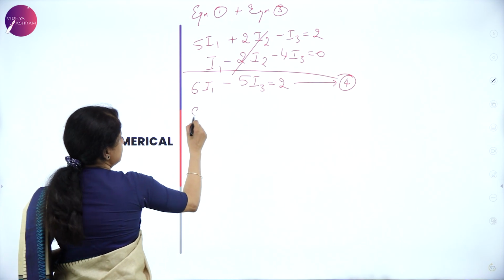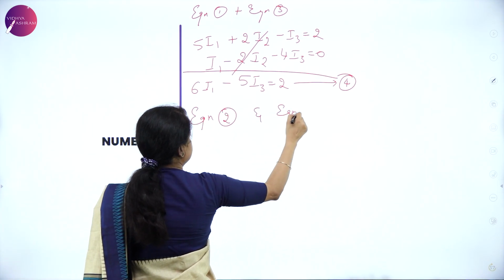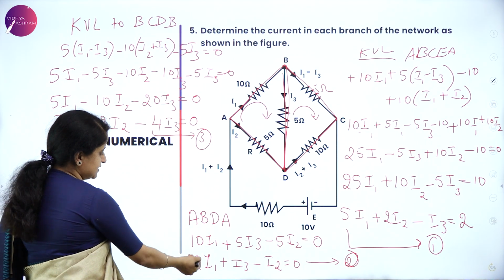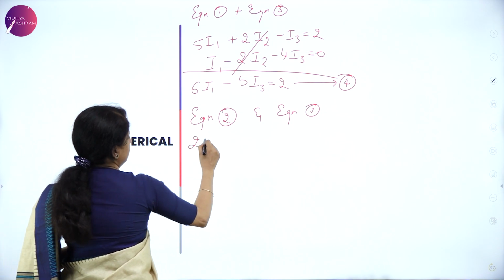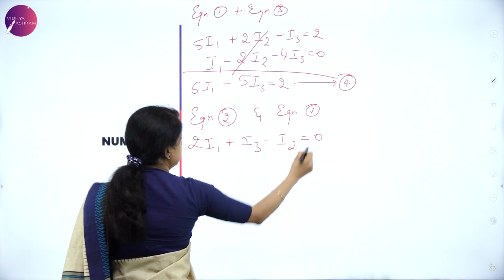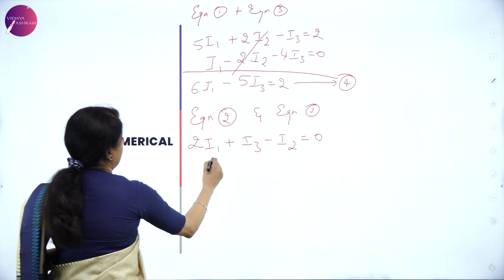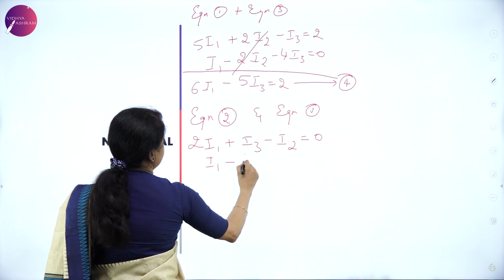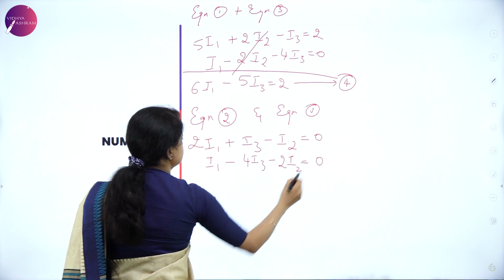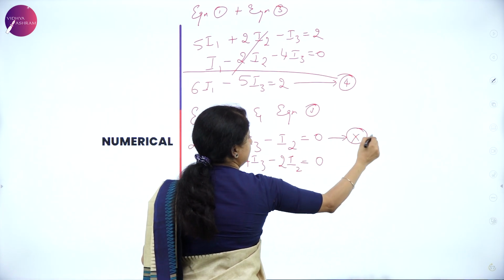So, let us now consider equation 2 and equation 3. What is my equation 2? Let's go back to the previous slide. 2I1 plus I3 minus I2 is equal to 0. That's my equation 2. And equation 3 is I1 minus 4I3 minus 2I2 is equal to 0. So let us multiply equation 2 by 2.